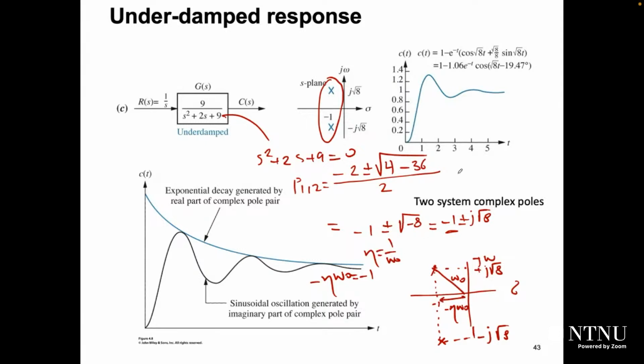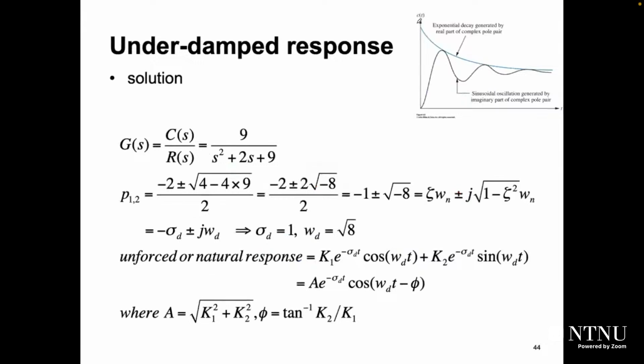Omega 0 will be the square root of the real part squared plus the imaginary part squared, so 1 squared plus 8.